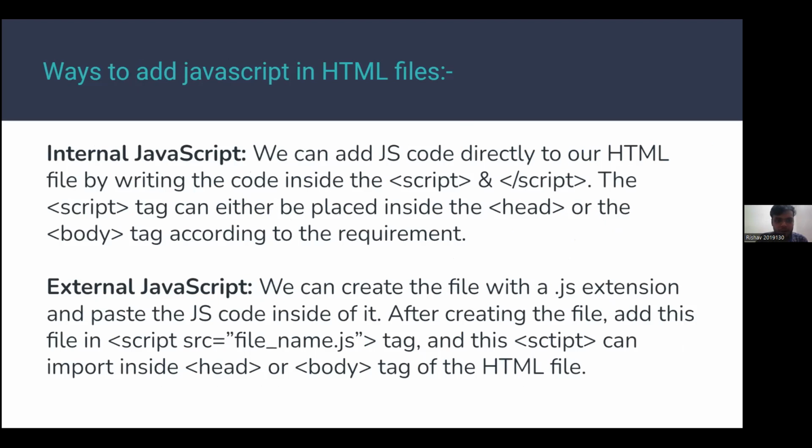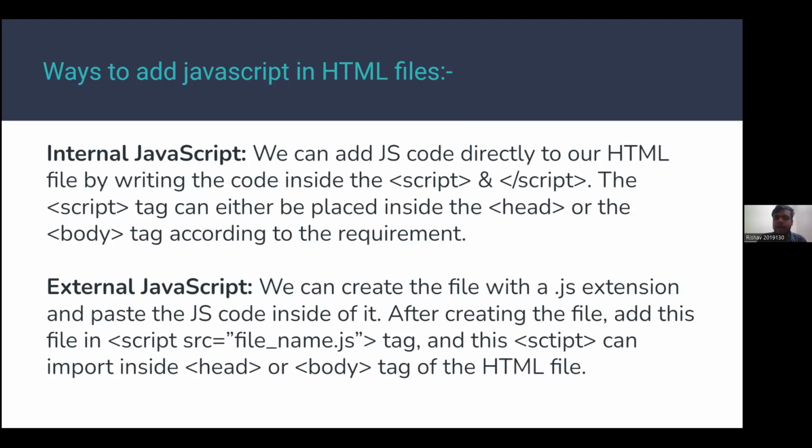There are two ways: internal JavaScript and external JavaScript. For internal JavaScript, we add the code directly to our HTML file by writing it inside the script tag. For external JavaScript, we create a file with a .js extension and paste the JS code inside it.